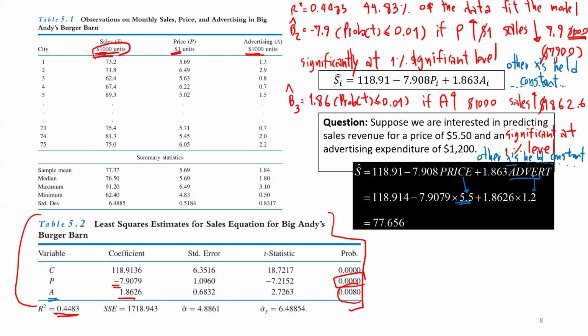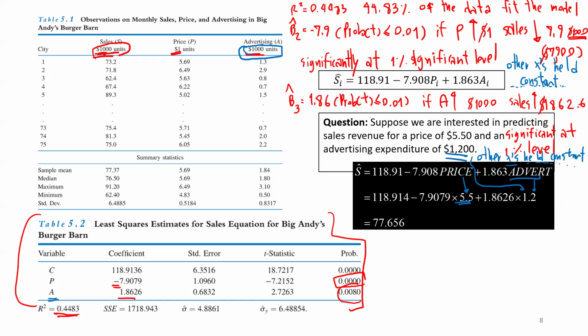Why 1.2? Because the unit here is 1,000. So if you would like 1,200, you have to say 1,200 is 1.2 in terms of 1,000 units.